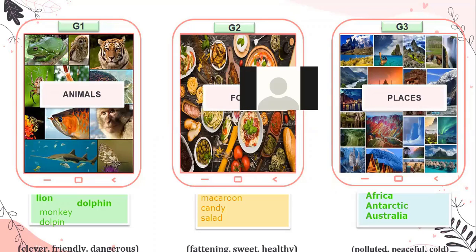Yes, my first. The Antarctic is the coldest continent all around the world. Oh, really cool. And the next one? It's my turn. Africa is hotter than the Australian continent.